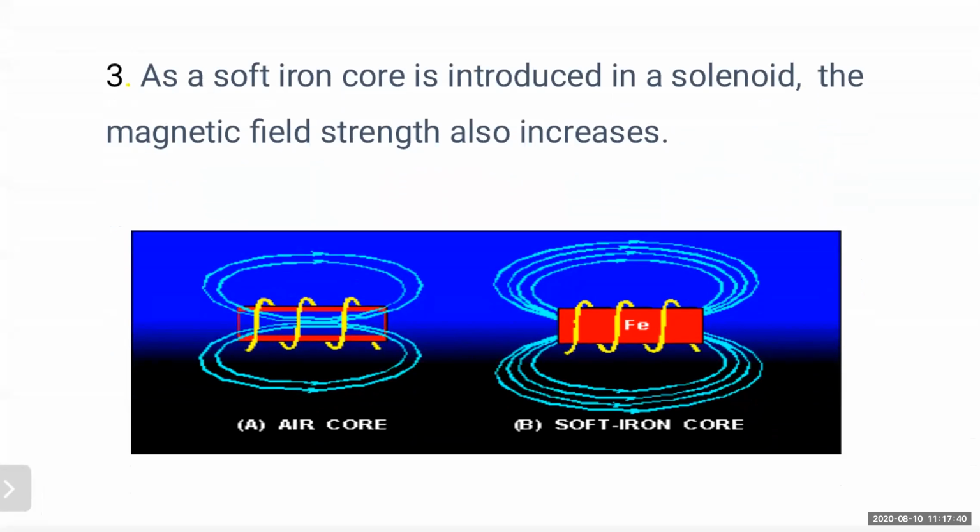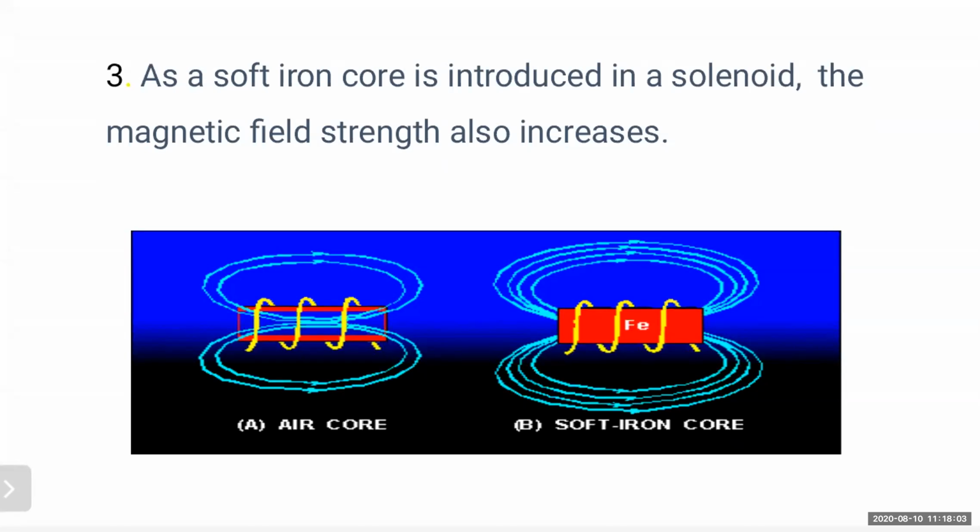There is a difference. In the first diagram, there is no bar magnet. But in the second diagram, the soft iron core is introduced in the solenoid, and the magnetic field strength also increases.